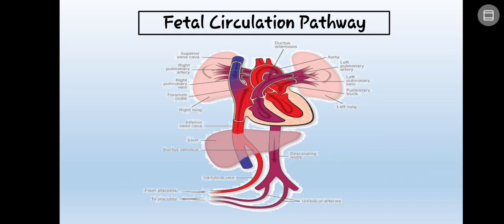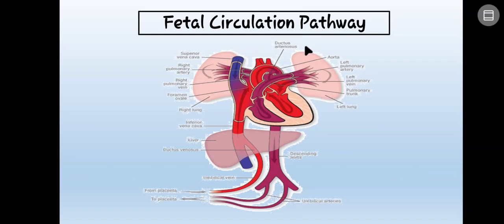In this video, I will be comparing the adult circulation to the fetal circulation, so along the line, I'll be bringing in certain features of the adult circulation to help us really comprehend the two systems.